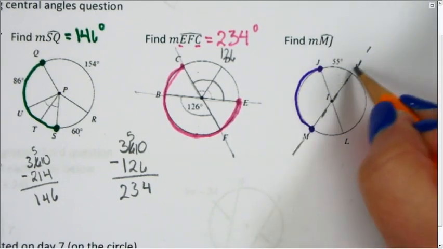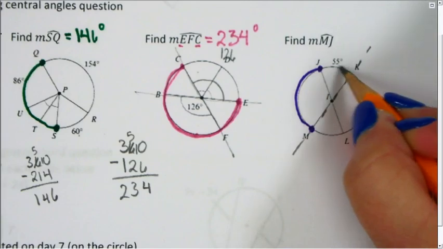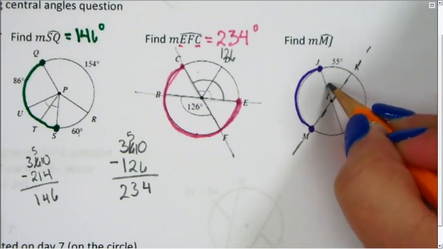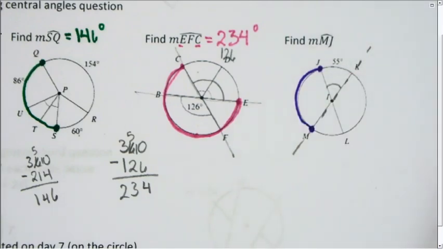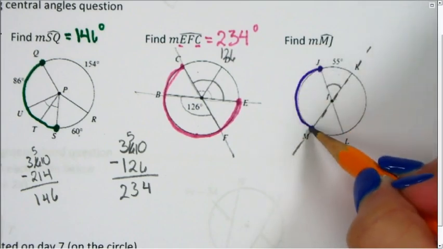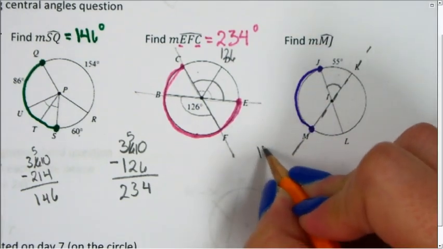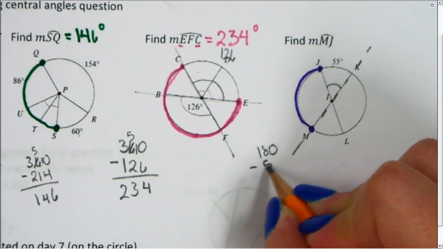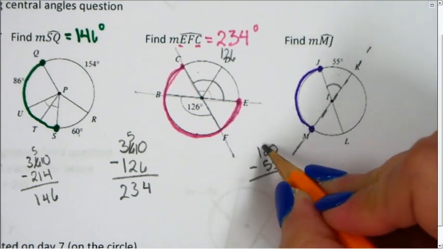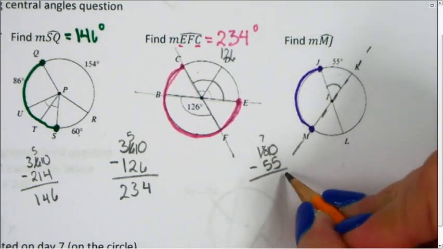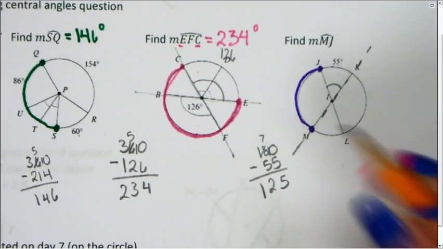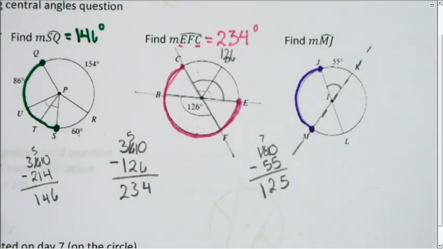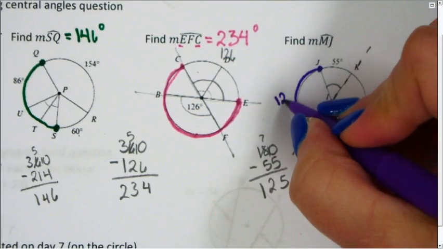So I know there's 180 degrees on the left side of that diameter, and I've already used 55 for that piece there. So what's left for the purple piece? I'm going to do 180 and take away the 55. That's going to give me 125 degrees left for this purple arc.